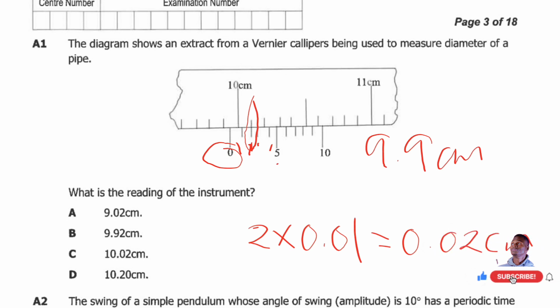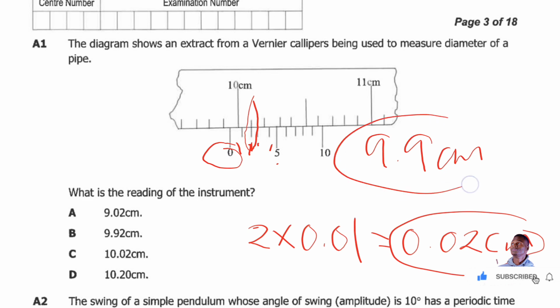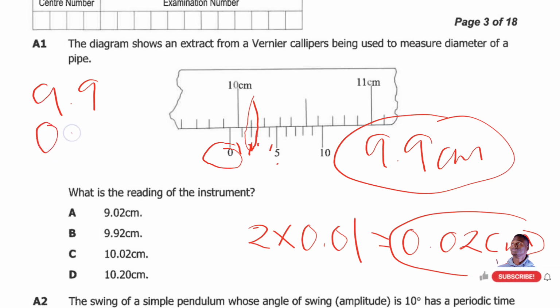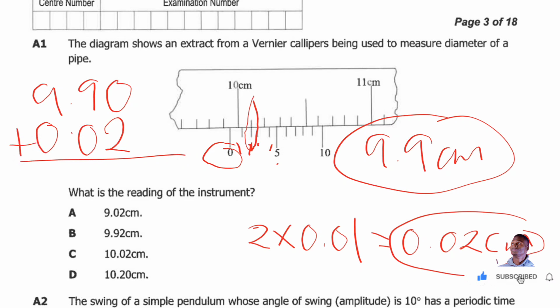Then we add this to the main scale: 9.9 plus 0.02. Place the value there and add. 2 plus 0 is 2. 9 plus 0 is 9. 9 plus 0 is still 9. So it is 9.92 centimeters. The answer here is B. It is very simple.